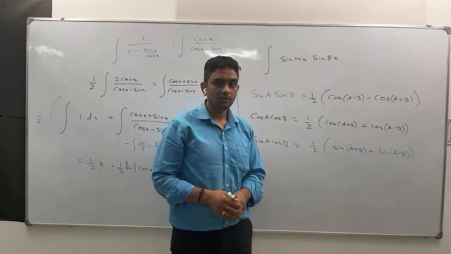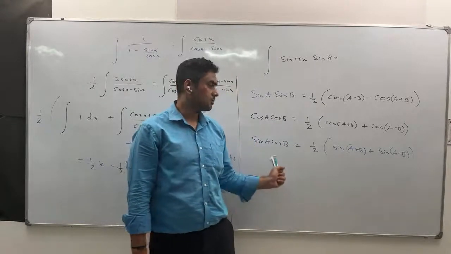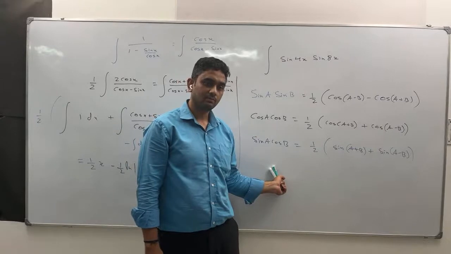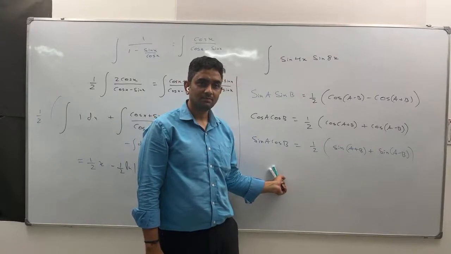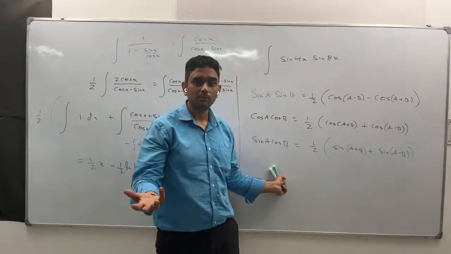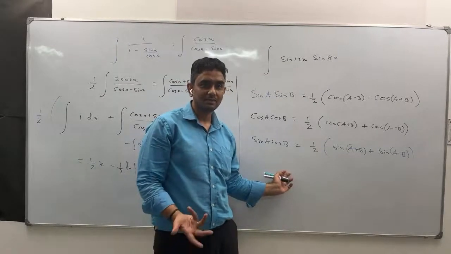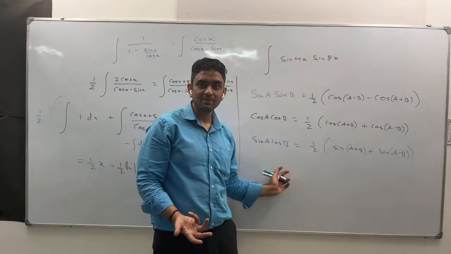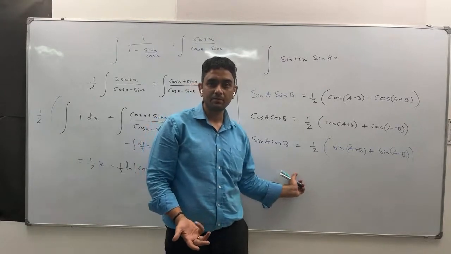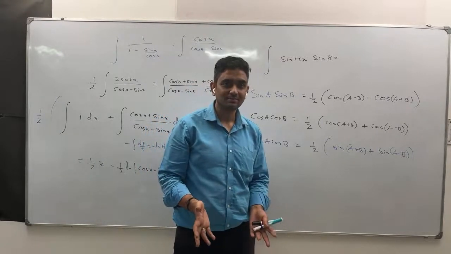Now, can anyone tell me the formula of cos A sin B? There is no need for a formula because that is the same thing, I'm just interchanging A and B.